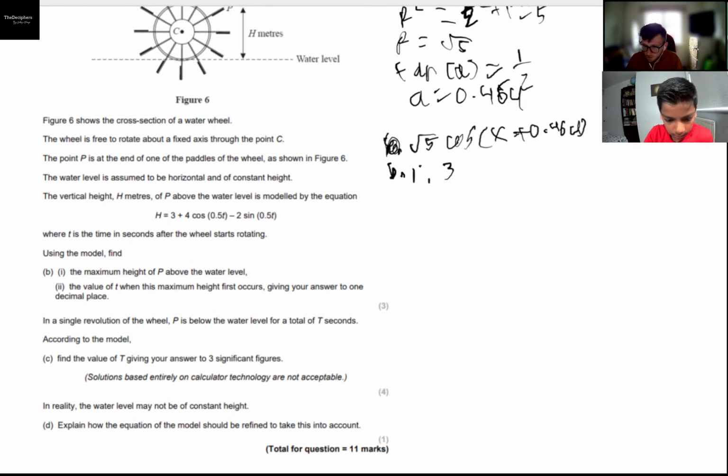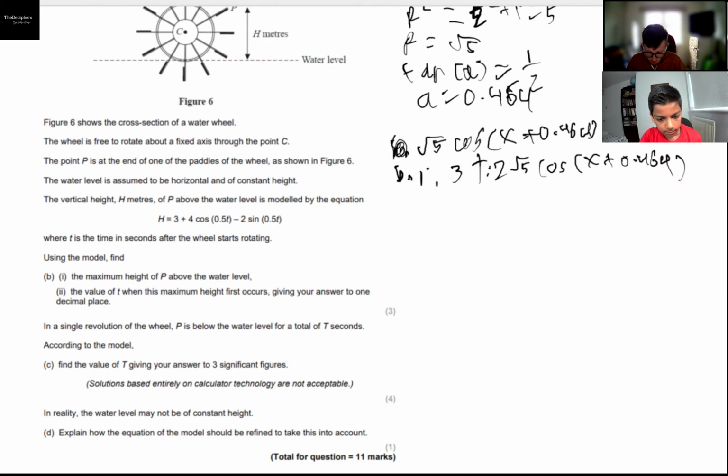So 3 plus 2 root 5 cos of x plus 0.464. Good. Yep, so using our answer to part A, good stuff.